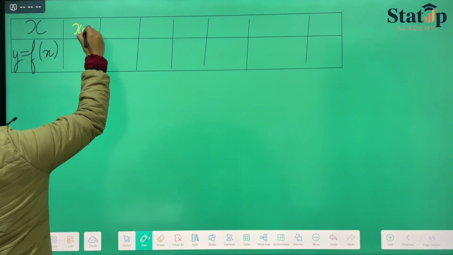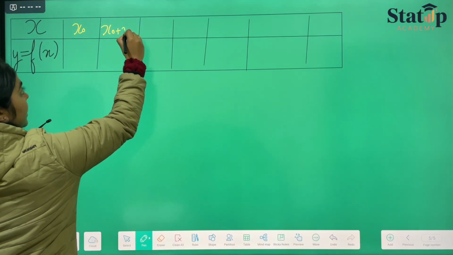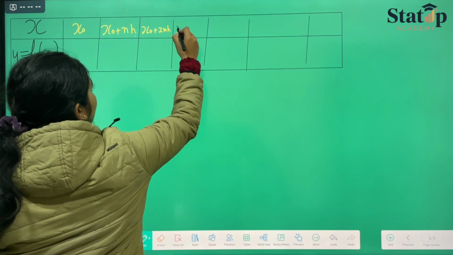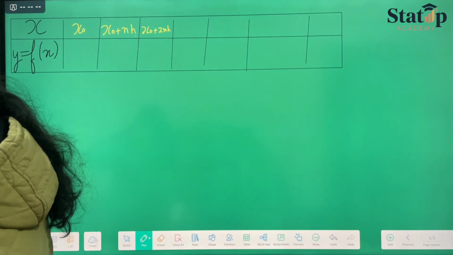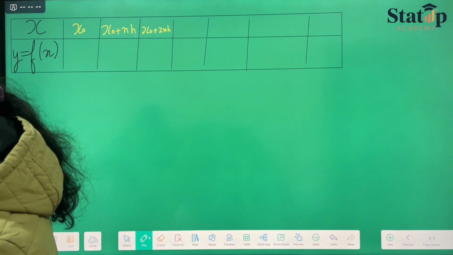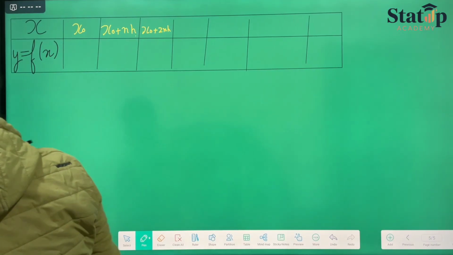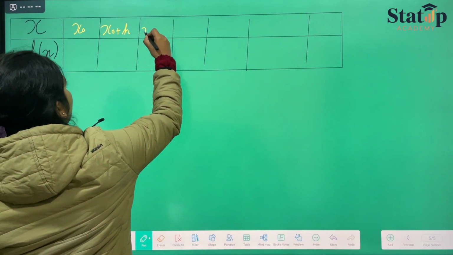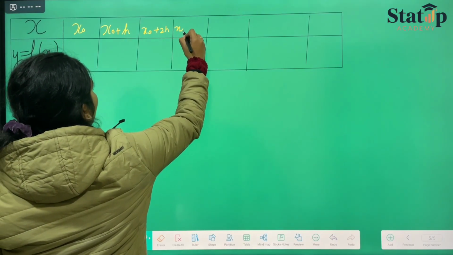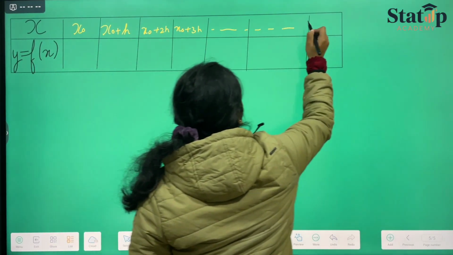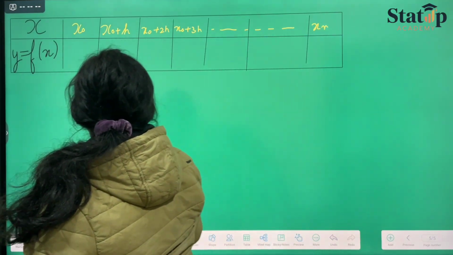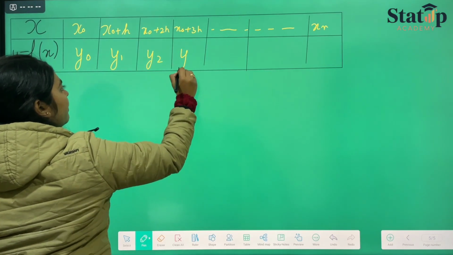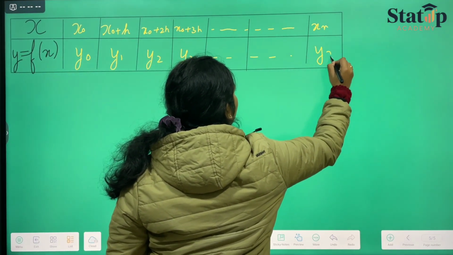One is x naught, then x naught plus h, x naught plus 2h, x naught plus 3h, and so on up to xn. And these are our y naught, then y1, y2, y3, and so on till yn.